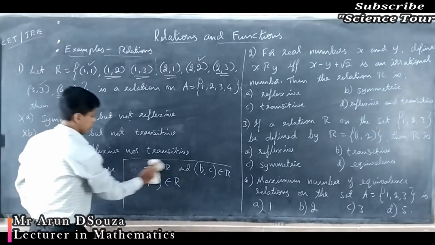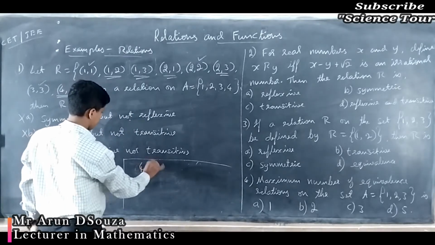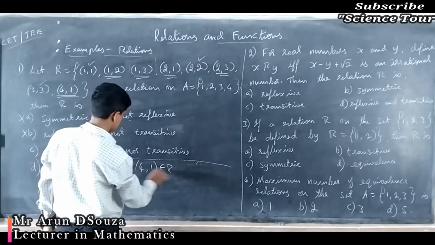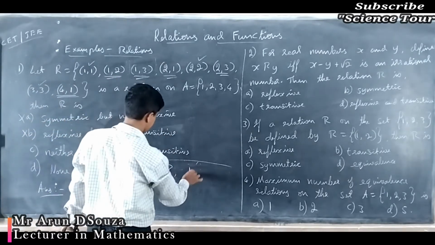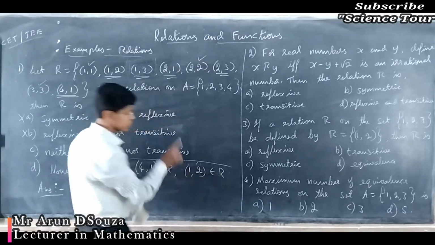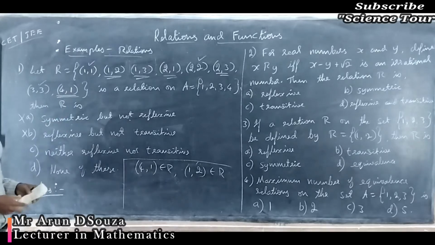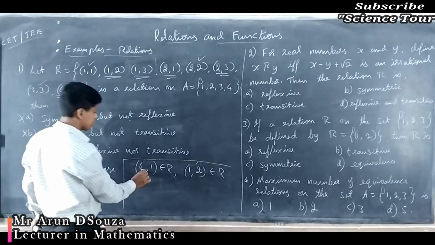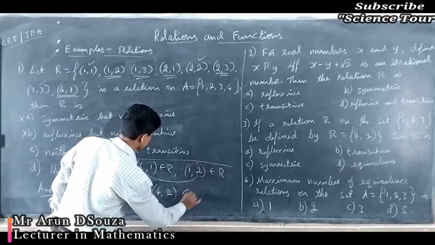Yes, so now let's see, you got (4,1) in the relation, and you got (1,2) as well. Both belong, yes, they belong. You should check for all possible orders, not only in the given order. Now what is the resultant? The resultant is (4,2), but do you have this in the relation?